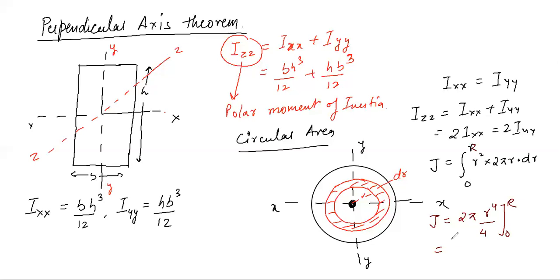Then J is to be defined as pi r to the power 4 by 2. So this is the polar moment of inertia about z axis, or in terms of diameter, this should be written as pi d to the power 4 by 32.